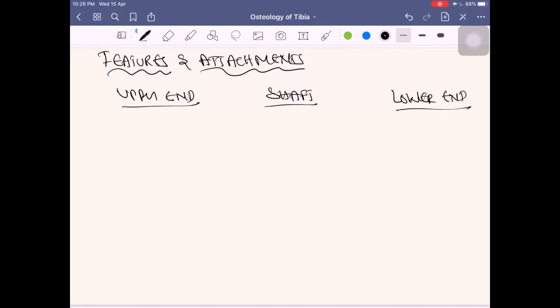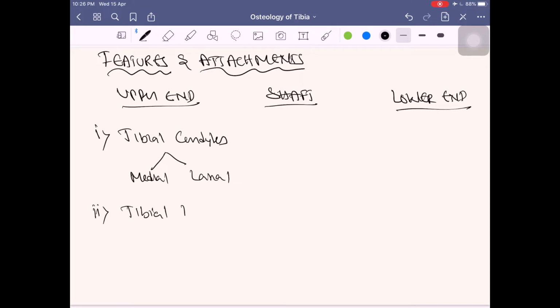In the upper end there are two things. One is the tibial condyle: the medial tibial condyle on the medial side and the lateral tibial condyle on the lateral side. We will study these two condyles in detail. The second thing we will learn in the upper end is the tibial tuberosity.